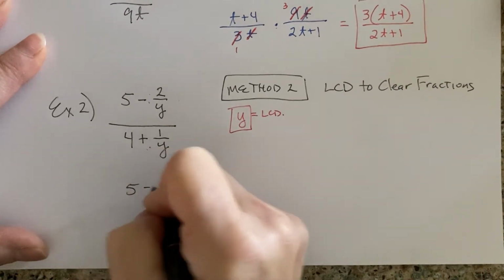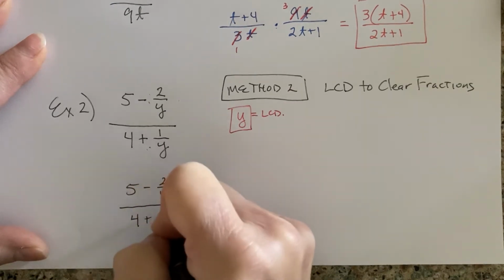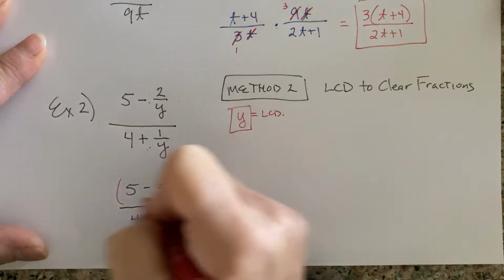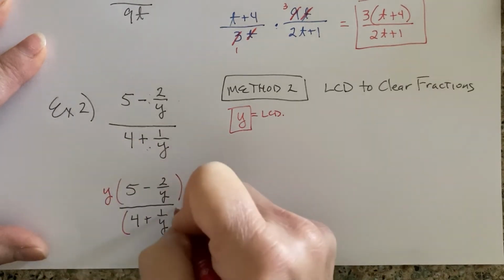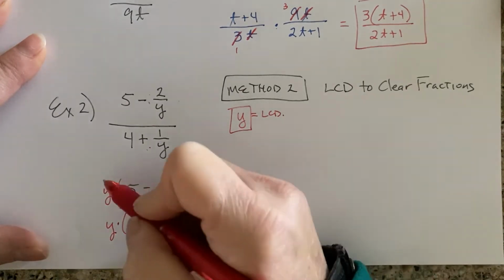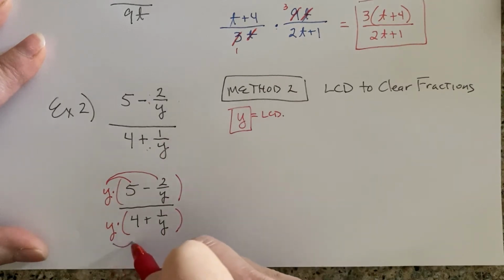I've got my 5 minus 2 over y, 4 plus 1 over y, and I'm multiplying this entire numerator by y and the entire denominator by y. Distributing on the top and the bottom.